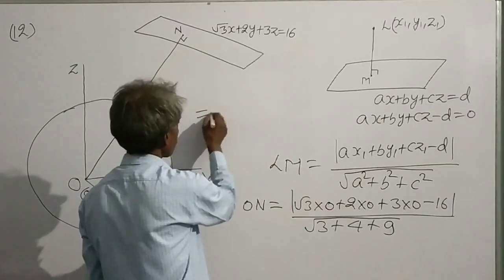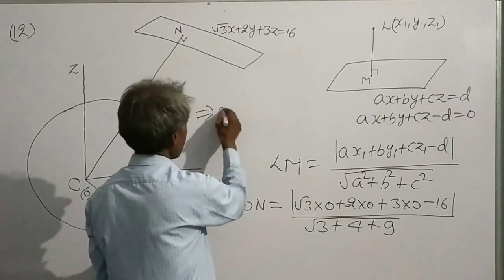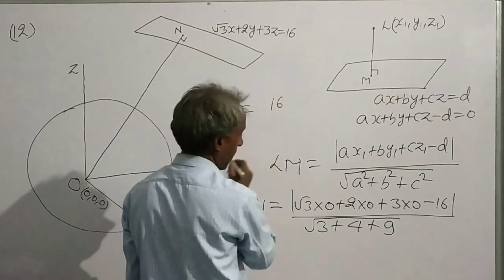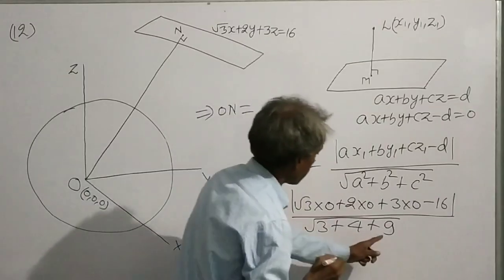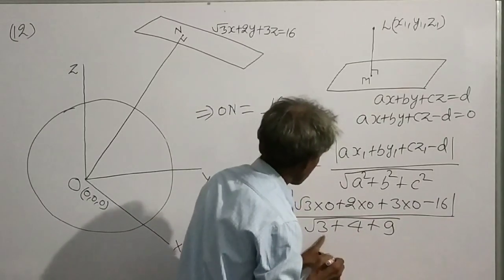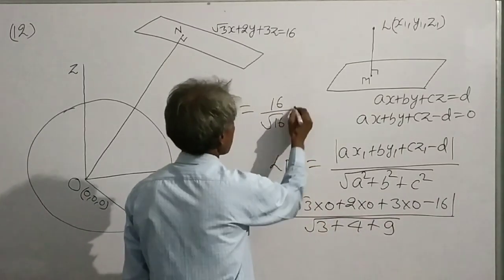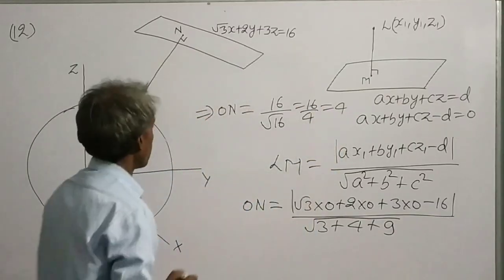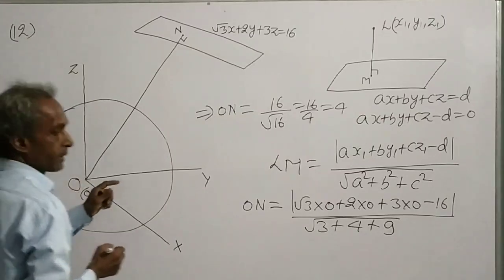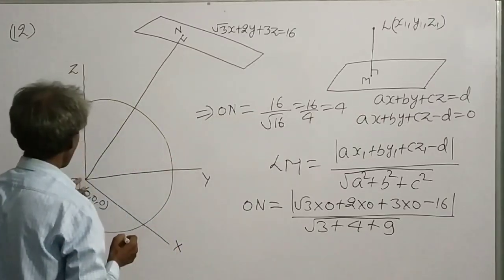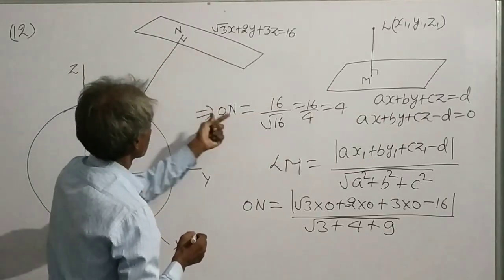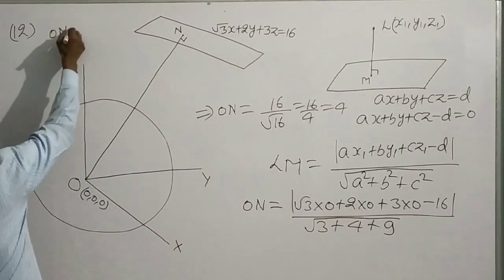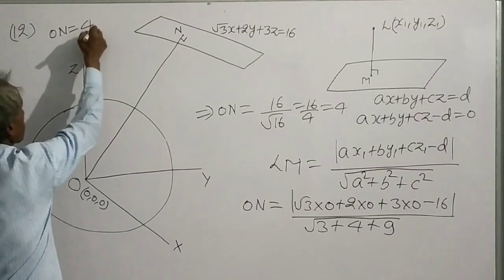This implies ON is equal to 16 by root 16, that is equal to 16 by 4, that is equal to 4. That means the length of the perpendicular drawn from O to this plane, ON, is equal to 4 units.